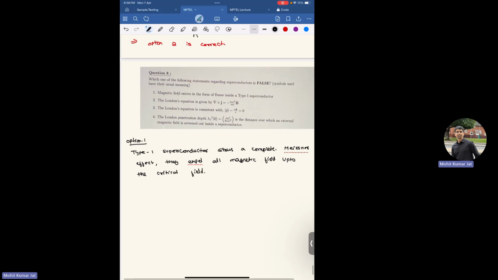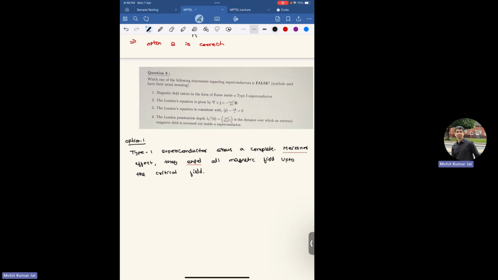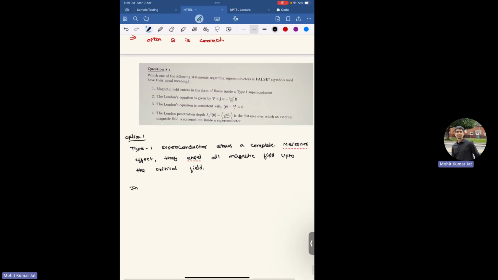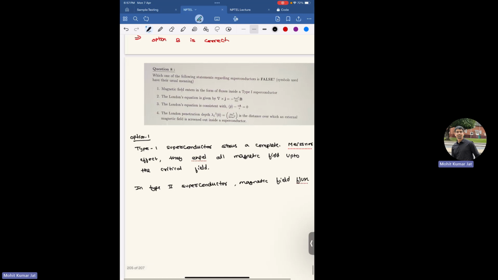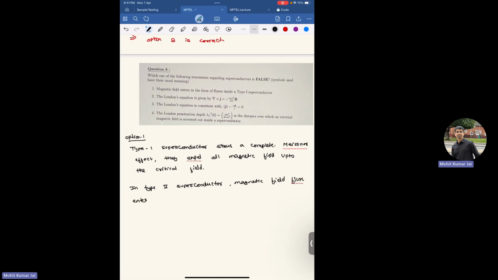And after the critical field, the superconductor won't be a superconductor. In type 2 superconductor, magnetic field flux enters in the form of quantized vortices. So option 1 is false.